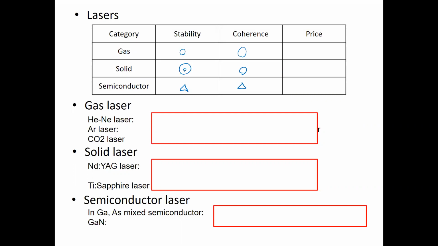About the price, as I mentioned in the LED part, semiconductor laser is the most inexpensive, so it's more available for anyone, and which is actually used for reading the DVD or some record medium.